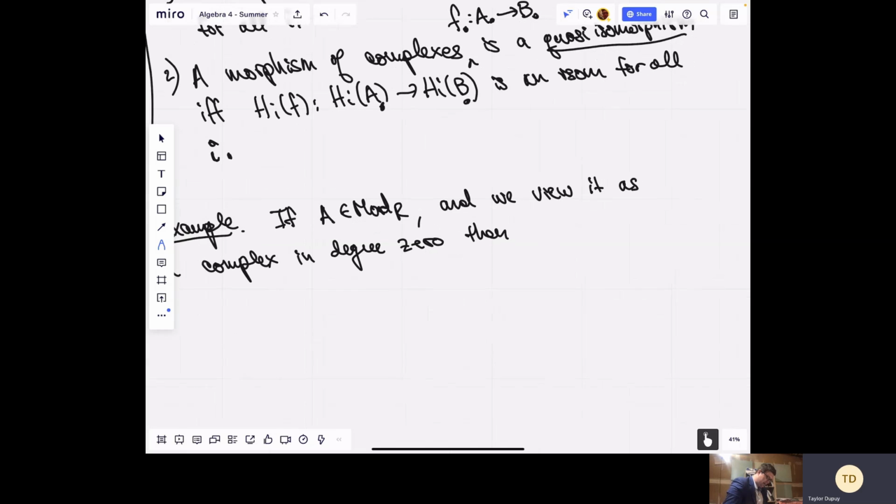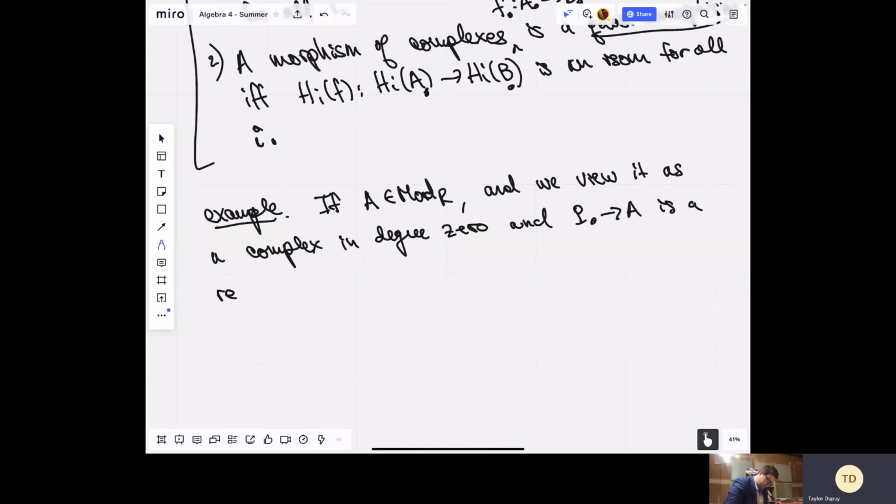Then we take a projective resolution, or any resolution, and if P to A is a resolution, then it is a quasi-isomorphism. I mean, by definition, almost.